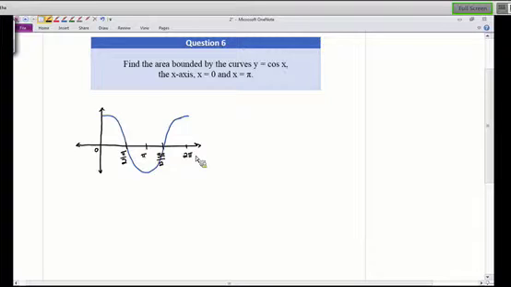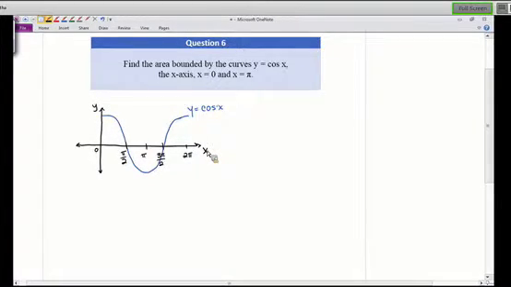I'm getting these values because the curve is y is equal to cosine of x, and this is a standard cosine curve. This is my x-axis, this is my y-axis.